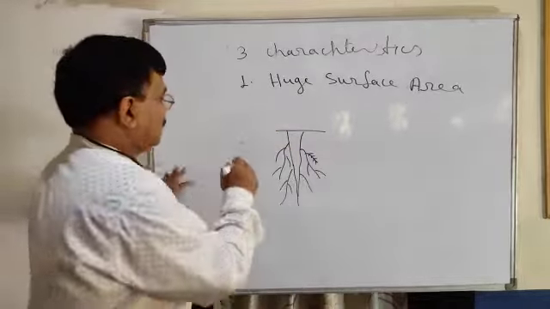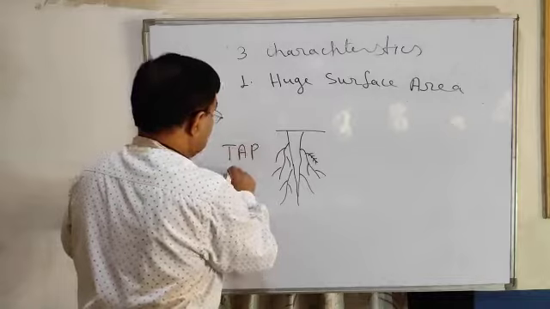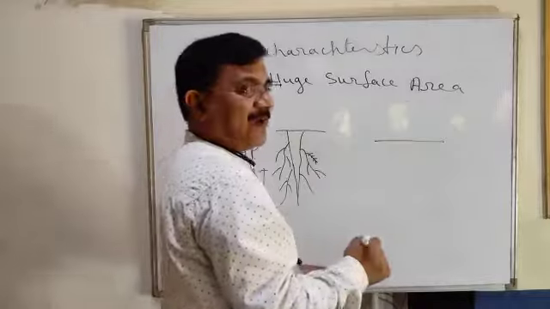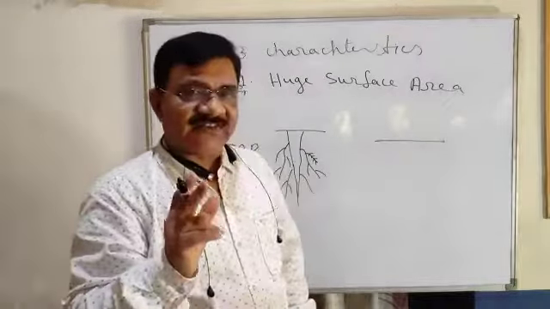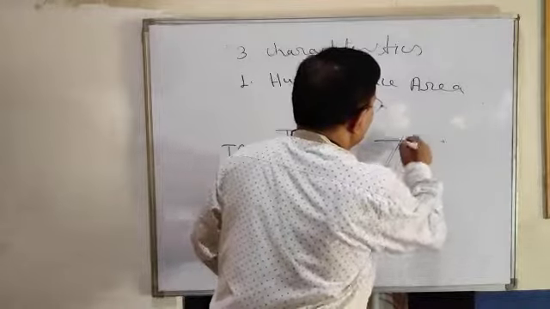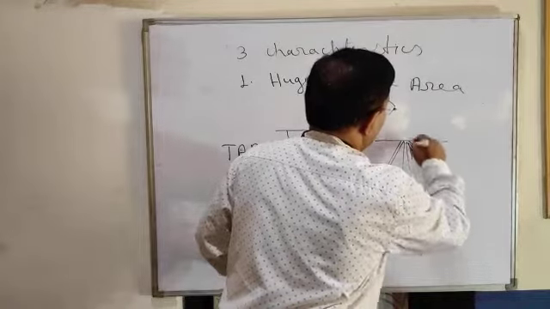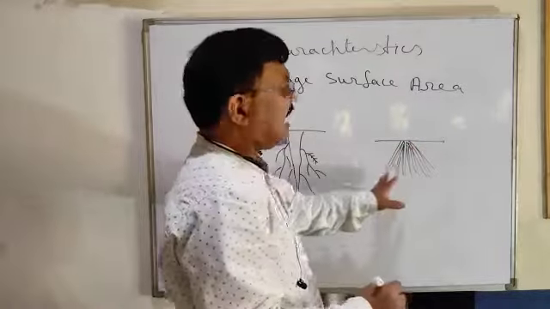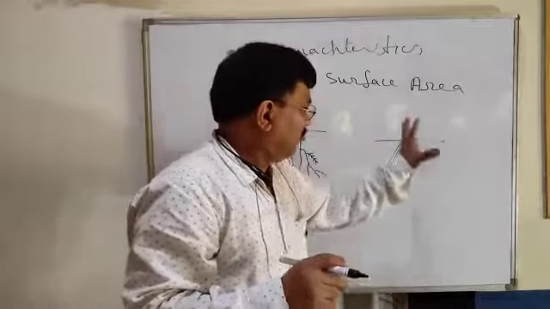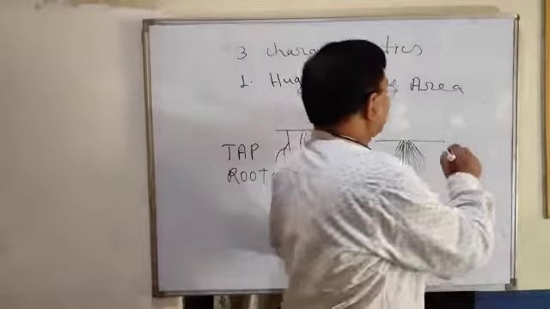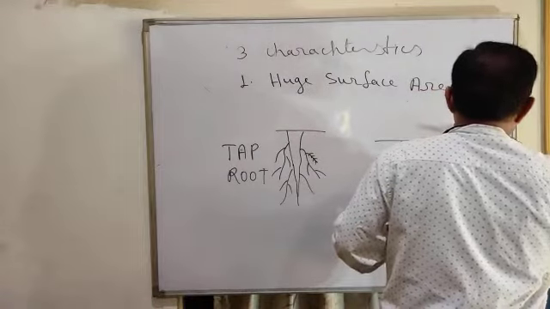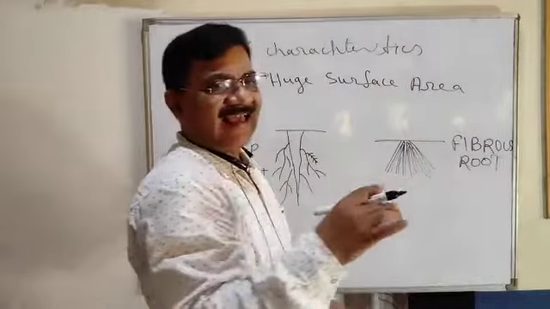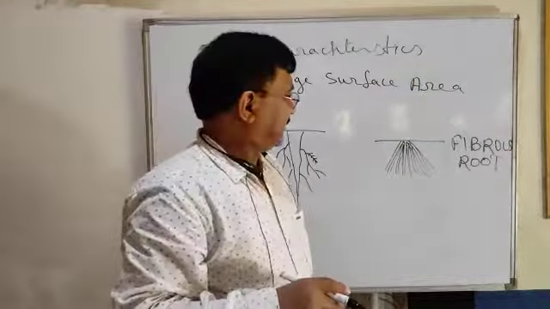This is taproot. And if you see fibrous root, no main root, no primary root, no secondary root, no tertiary root. Only fibers are there, and the size of the fibers is almost equal. In monocots like grass, fibrous roots are present.